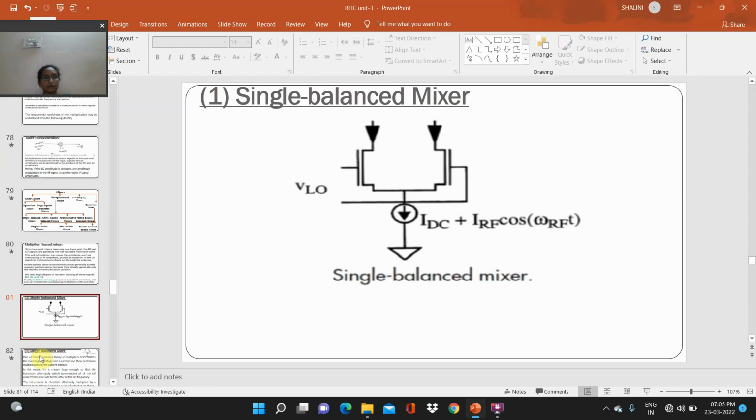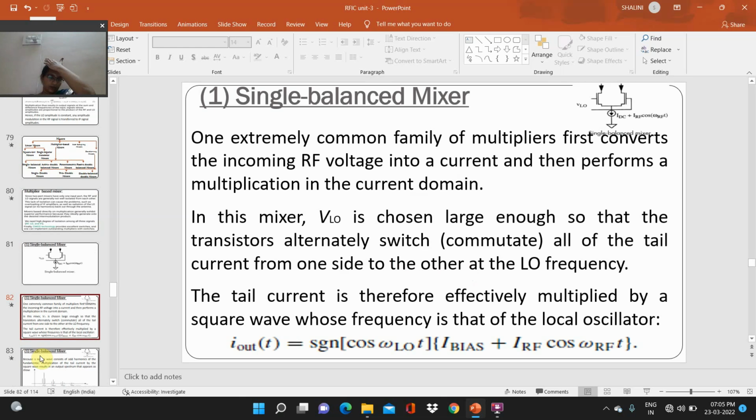The single balanced mixer figure is like this, with VLO, the DC current I DC, and I RF cos omega RF t. The single balanced mixer, one extremely common family of multipliers, first converts the incoming RF voltage into a current and then performs a multiplication in the current domain.